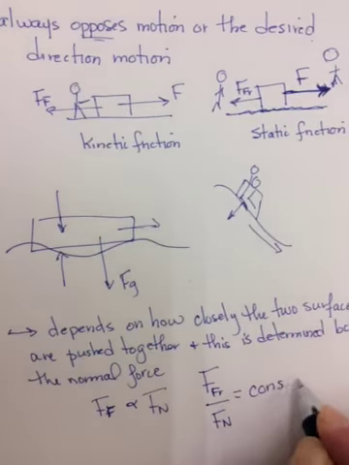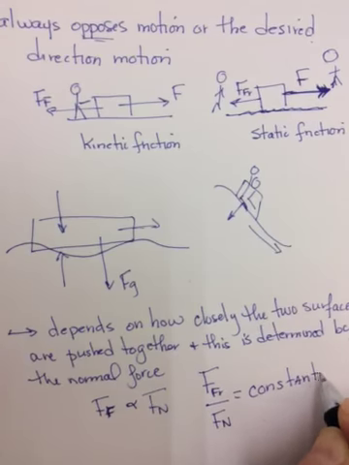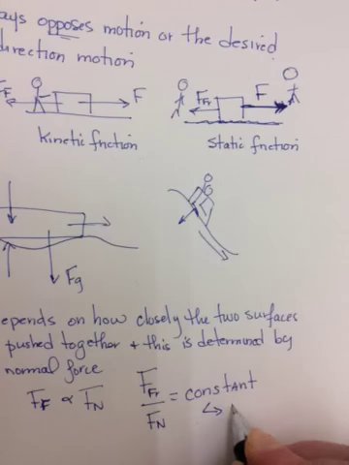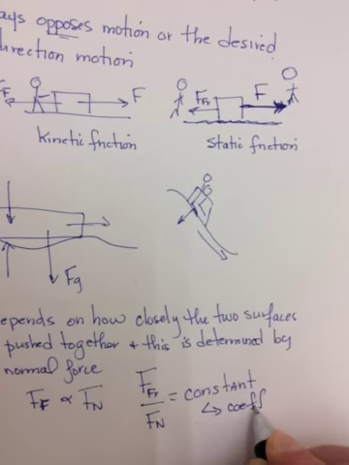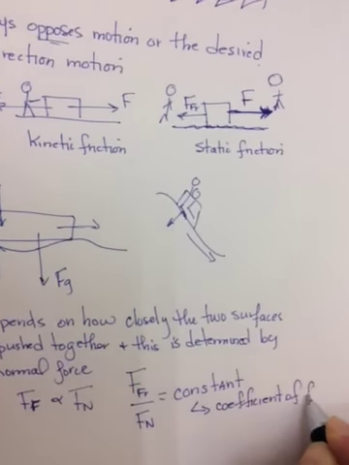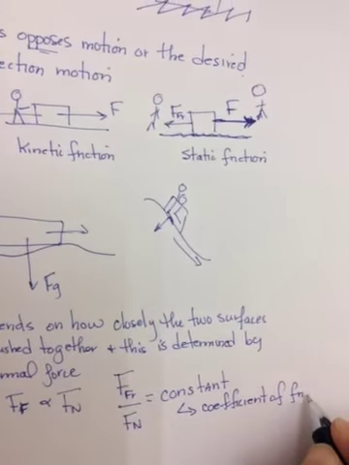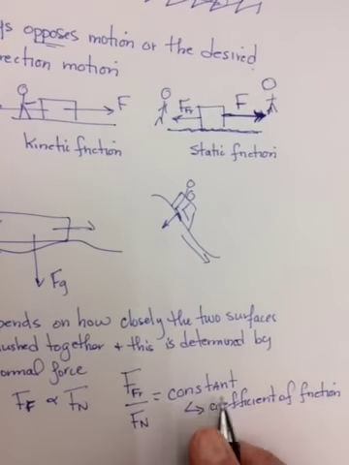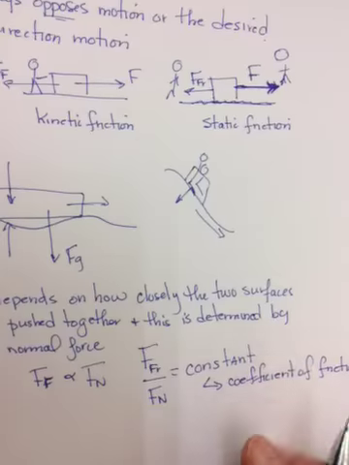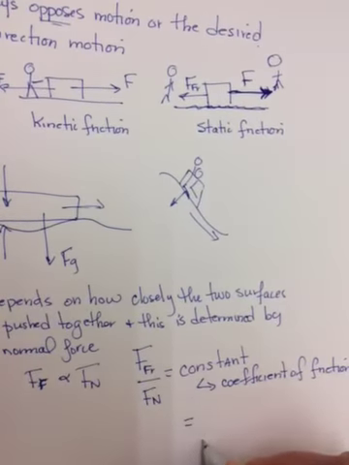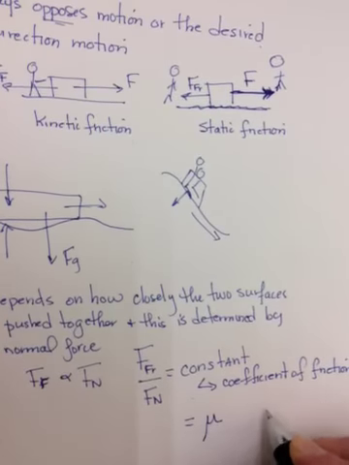So friction divided by the normal force is equal to a constant. And this constant is called the coefficient of friction. It's a constant for a given surface, but changes from one surface to another. And the letter for the constant is the Greek letter mu.